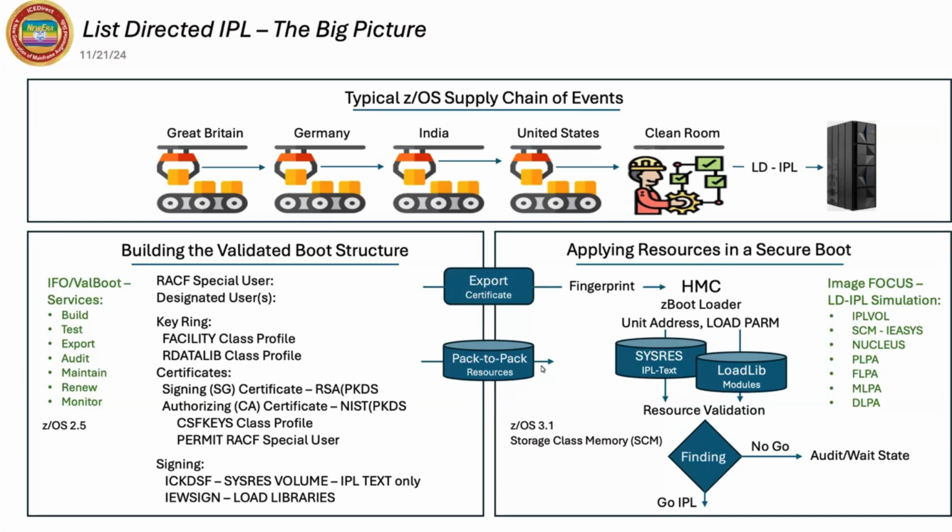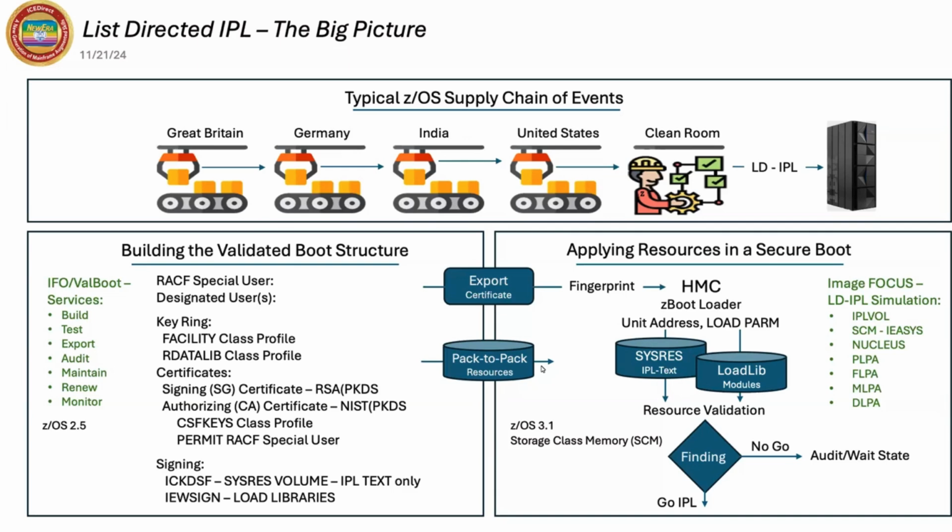IEWSign, a new component in 3.1, will be used to sign the load libraries themselves. So once those signings have taken place, the certificate that was used in the signings is then exported to the HMC to apply the resources in a secure boot.